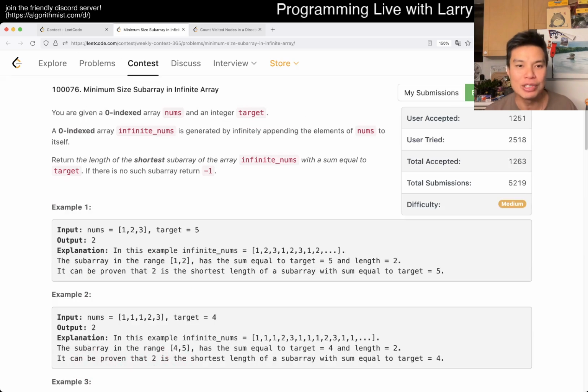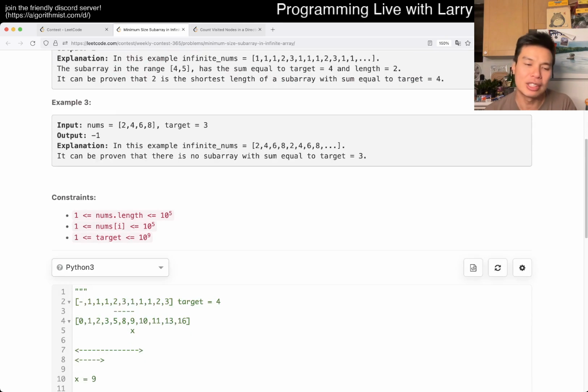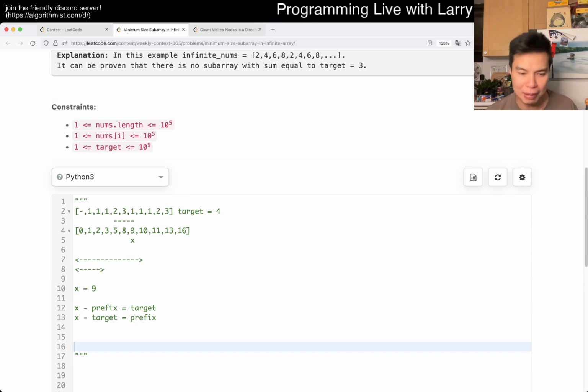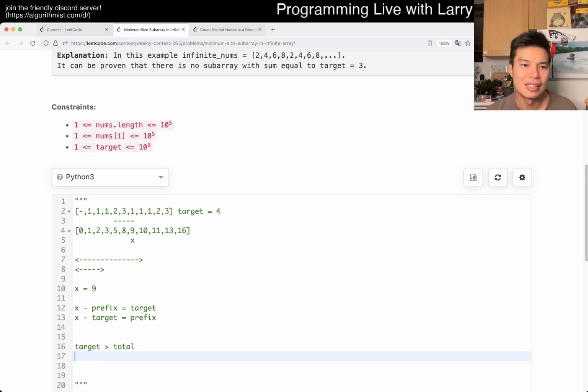Okay, so then now you have the big number part, right? What do I mean by big number? Meaning that the target is greater than the sum, or total. Let's say total. What does that mean? Because every input number is positive, if you add a number, you always get a bigger number, right?